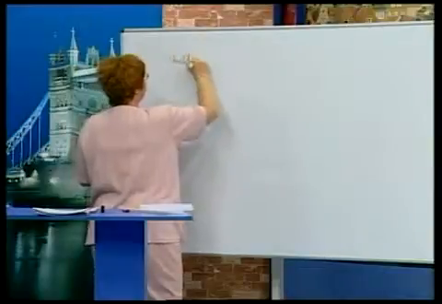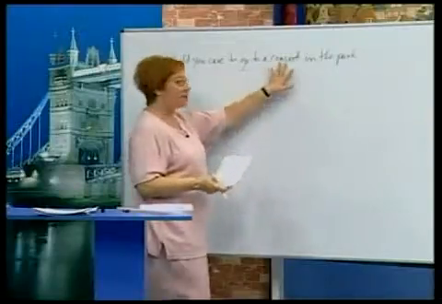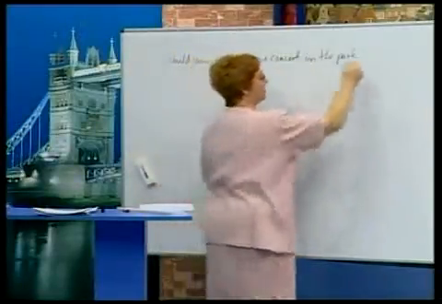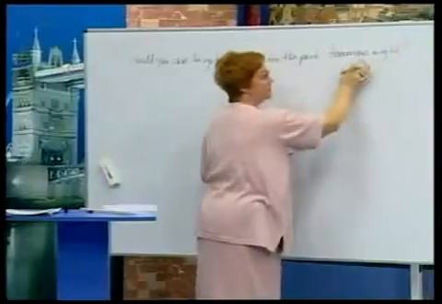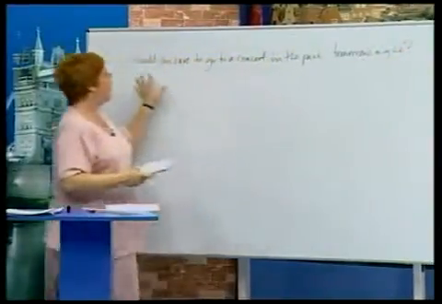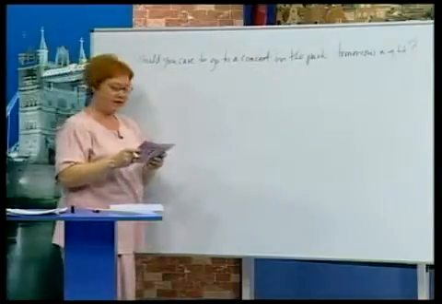So here we go. Would you care to go to a concert in the park? Okay, we have what? We have where? Tomorrow night. Here's the time. Would you care to go to a concert in the park tomorrow night?